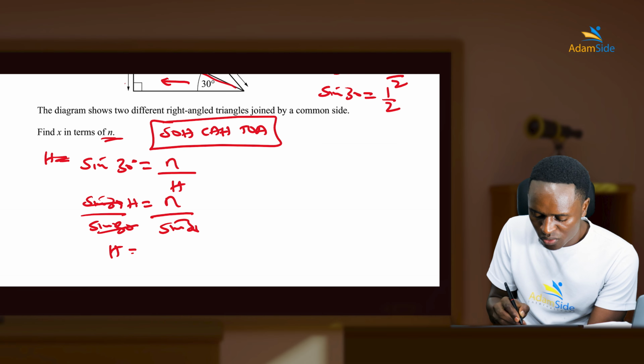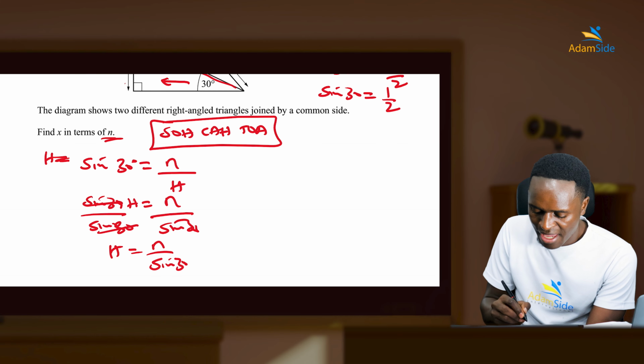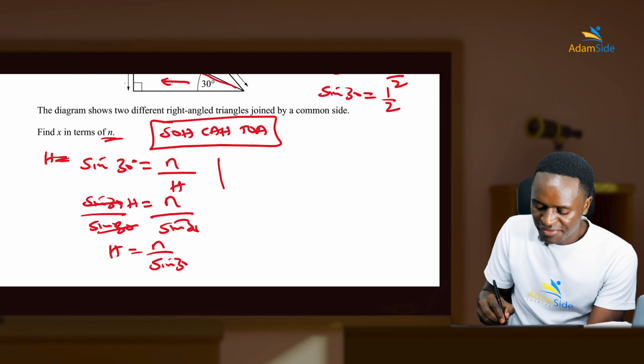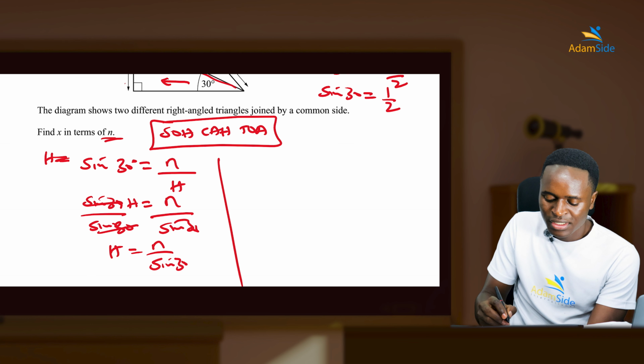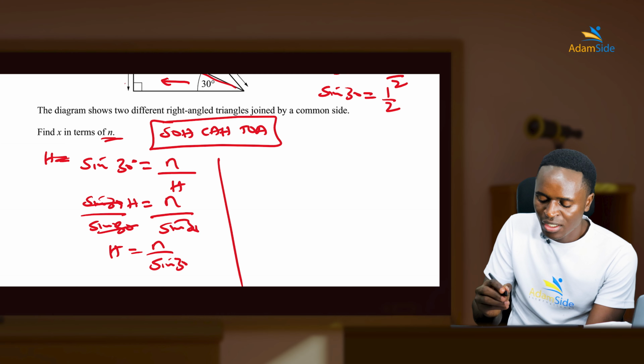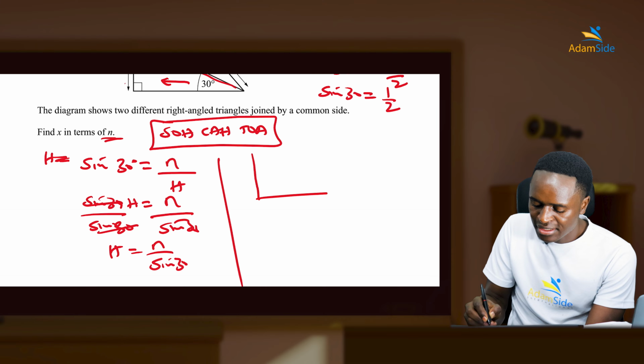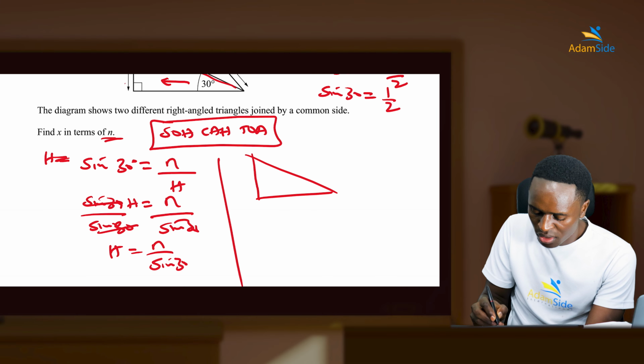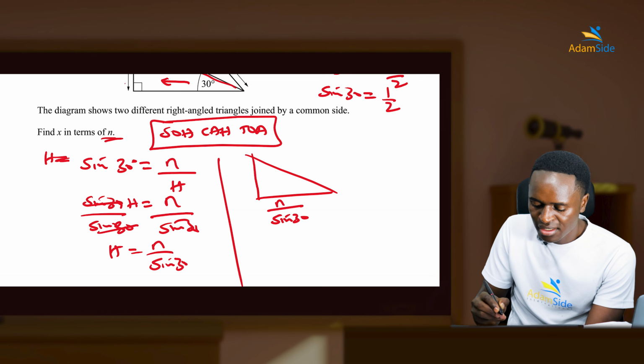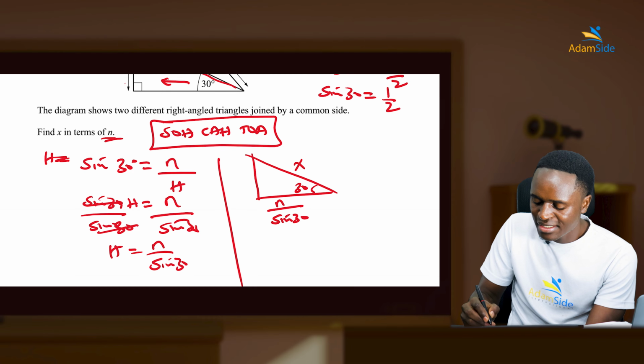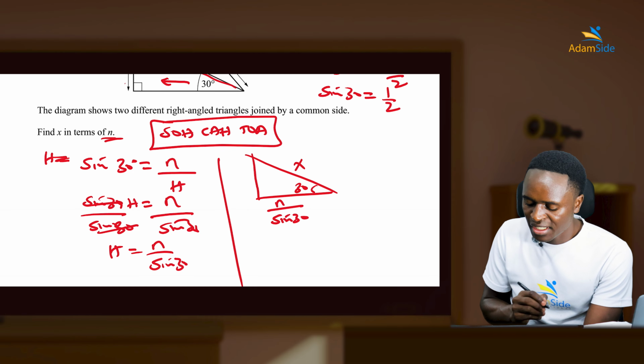So the hypotenuse will be n over sine 30. So this will be the hypotenuse. Now we have our right angle triangle, with n divided by sine 30, and this angle, 30 degrees, and they need us to find x again.